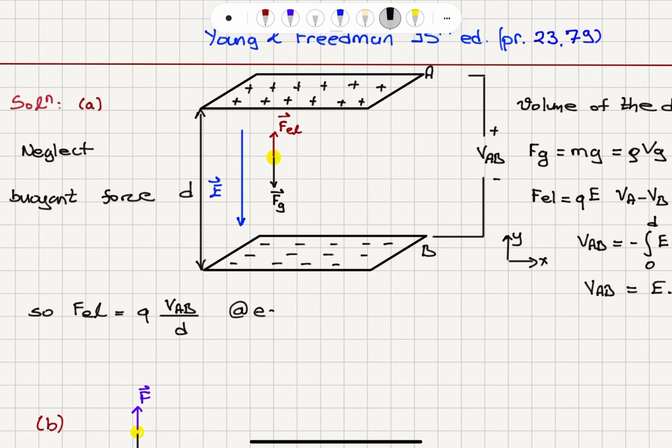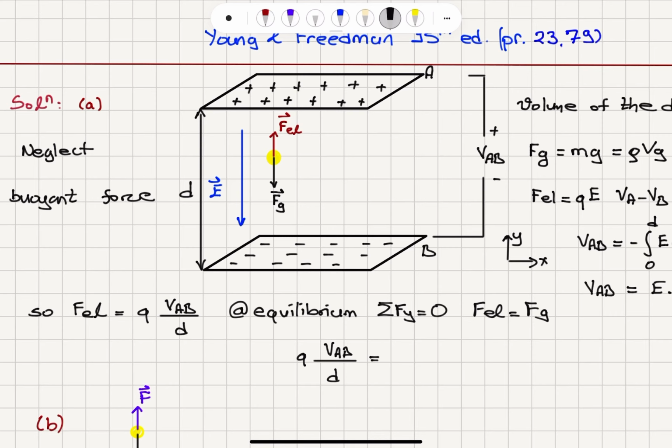So at equilibrium, the charged droplet will remain at rest. That means the net force on the y-axis should be equal to 0. The electric force should be balancing the gravitational force. So the electric force I have here is q VAB, the potential difference, divided by the separation between the plates.